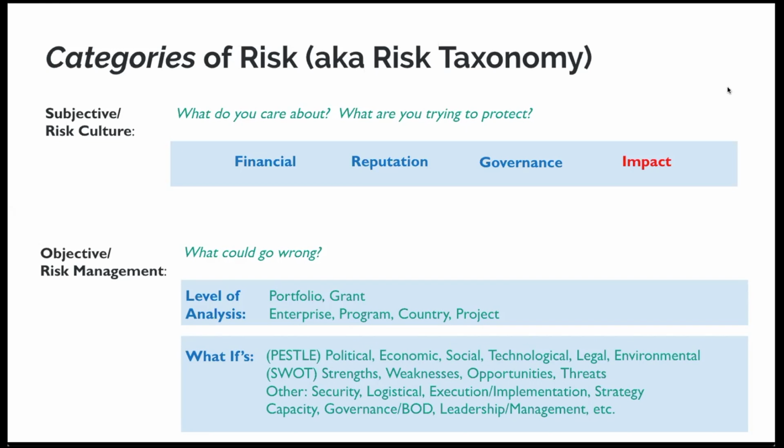There's the PESTLE analysis, which looks at political risk, economic risk, social, technological, legal environment. The SWOT, something many of you are probably familiar with, and other ways to approach it. The key thing to point out here is you can structure whatever categories make sense for you based on the level of analysis and based on your risk tolerance and matching that to what you're funding.